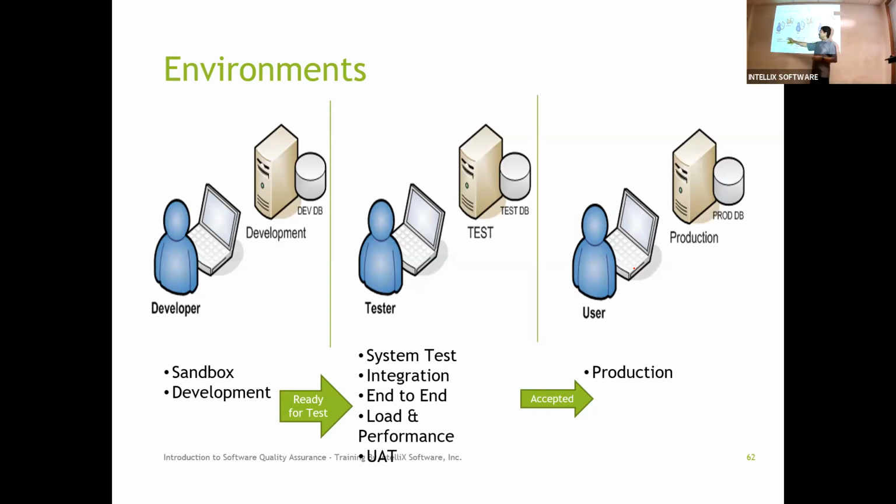So the sandbox or the development environment is always constantly changing, right? So it doesn't make sense for you as a tester to test there. When occasionally they say, hey, I'm done with that functionality, it's ready for test, they will give it to you. And the way they give it to you is they have their own environment, their own servers, their own accessibility URL and all of those things.